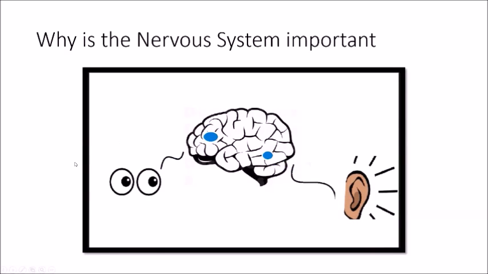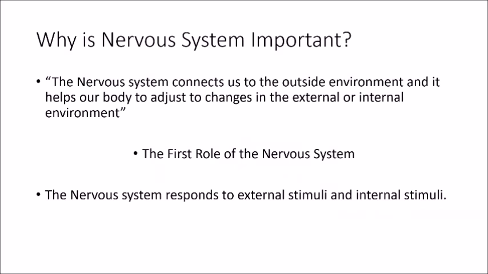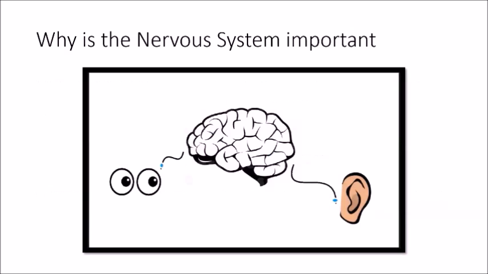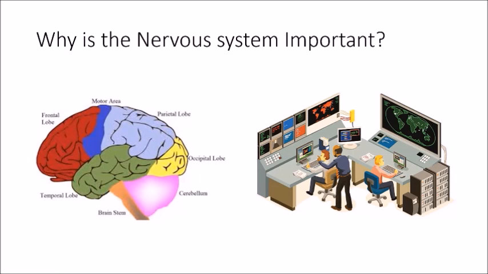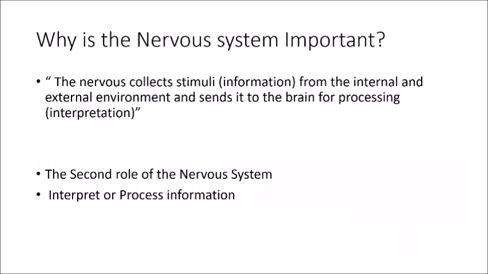It's going to respond to external and internal stimuli, and it's going to process this information. This is why we often call the brain the command center, because once these nerve impulses go to the brain, different parts of the brain are going to process this information. So that is the second role of the nervous system.